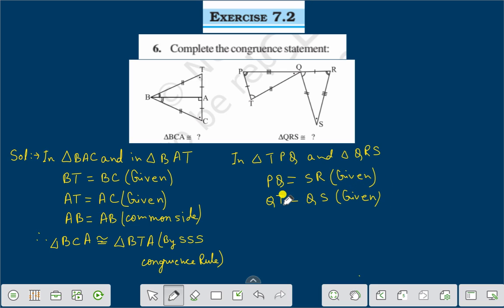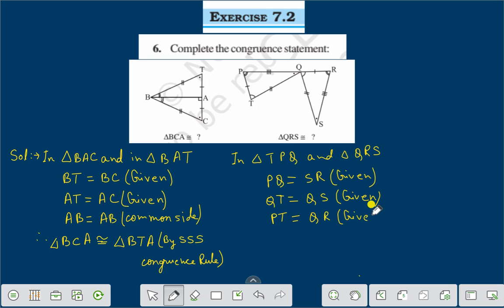And PT is equal to QR. It is also given.